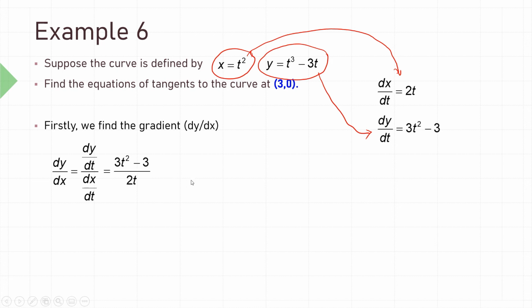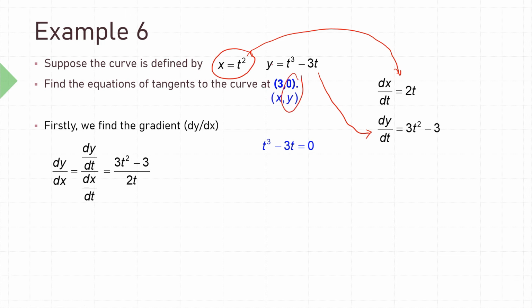Now, because we want to find the gradient of the tangent at the point (3, 0), please take note that we want to find the value at (3, 0). So we can write t cubed minus 3t equals 0. How do I get this equation? Because (3, 0) is (x, y), meaning that y is equal to 0.